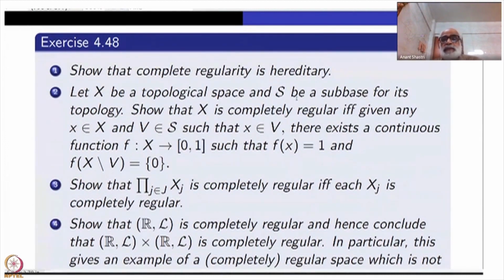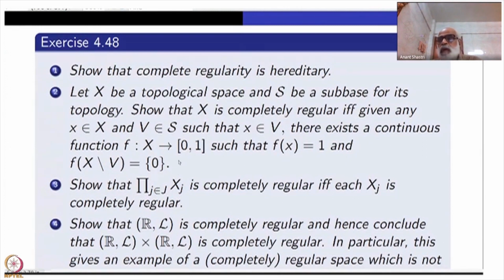For a topological space, S is a base for it. For complete regularity, you don't have to verify for all points x and open subsets; you have to just verify it for only a sub-base. You have to prove that. For each point x belonging to X, V inside the sub-base, x belonging to V, there exists a continuous function such that f(x) is 1 and f of the complement of V is 0.